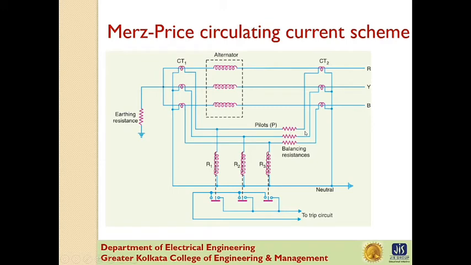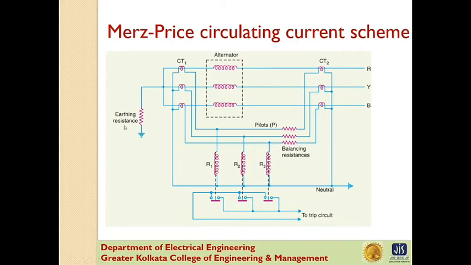Now, what are the limitations of this scheme? The two circuits for alternator protection have their own limitations. It is general practice to use neutral earthing resistance in order to limit the destructive effects of the earth fault.